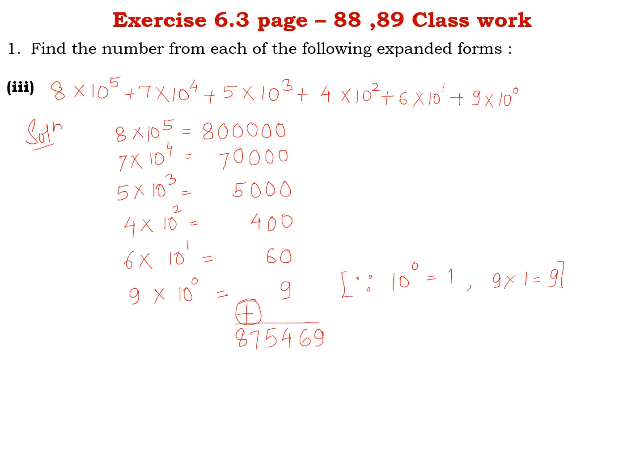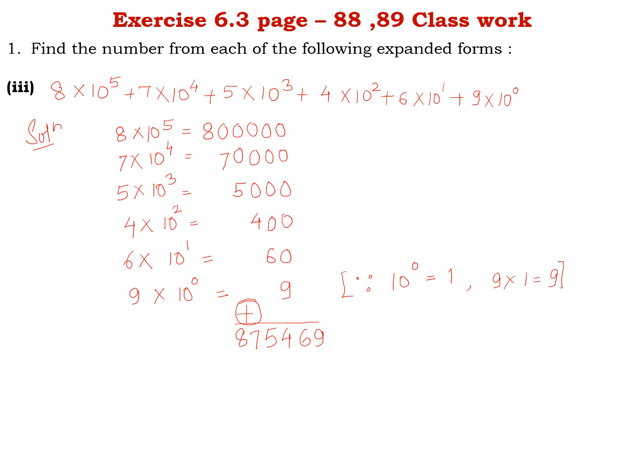Okay, so let us move to the exercise. Exercise 6.3 of page number 88 and 89. First question is, find the number from each of the following expanded forms. So expanded forms are given.